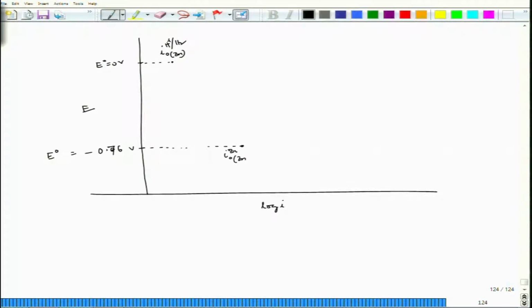I simply put zinc without writing Zn2+ slash zinc because it is taking a little bit of space. This is the situation in the beginning. So, here it indicates H2, this is the non-corroding reversible situation at this point.